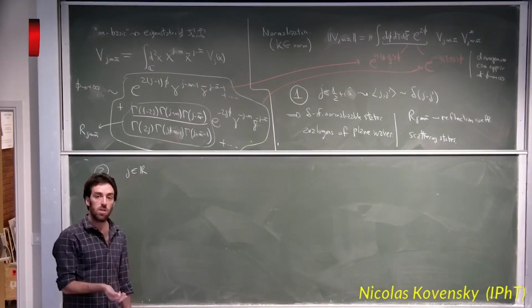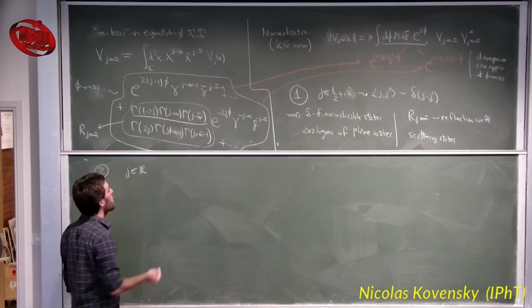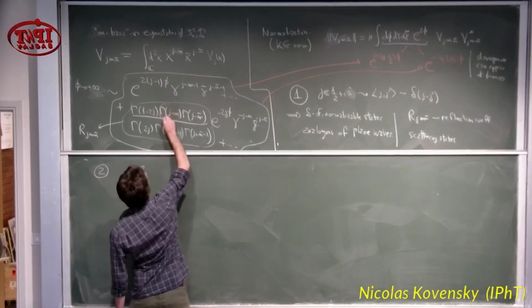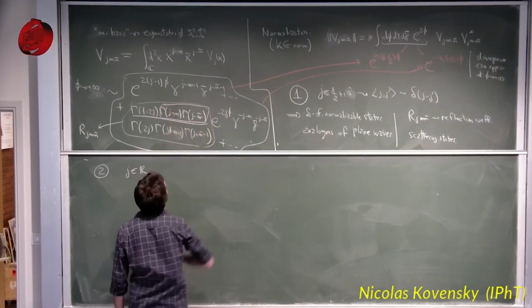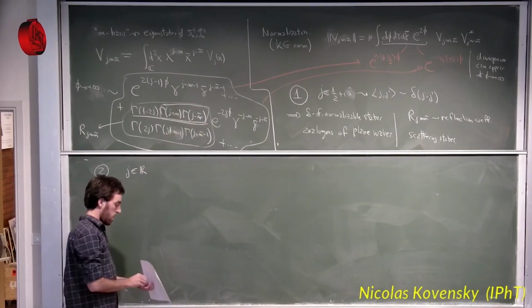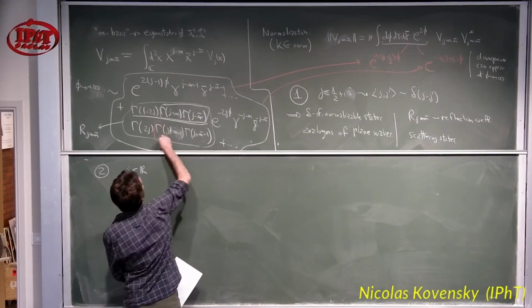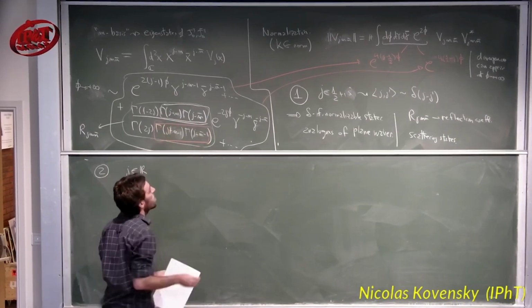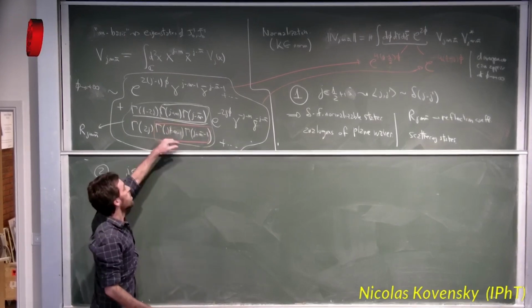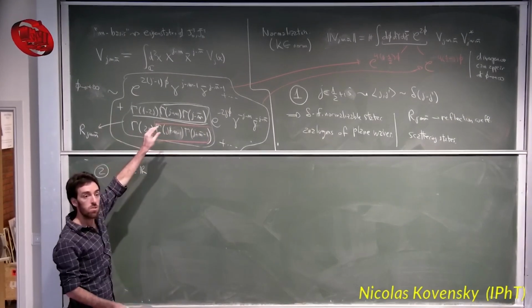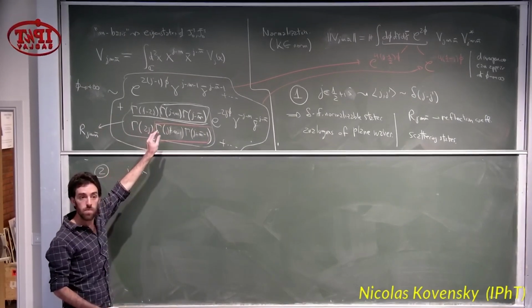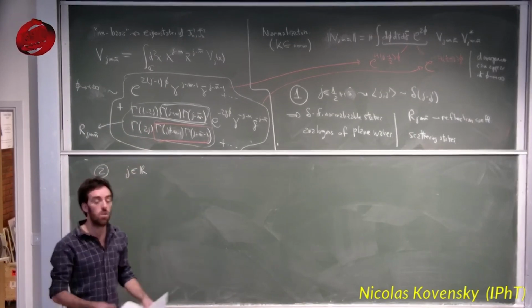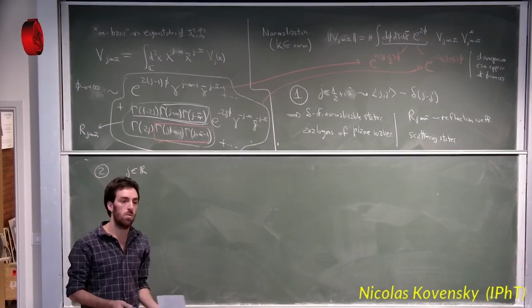If I sit at the poles of these gamma functions here, or at the zeros of these gamma functions here, then I can divide by this whole thing and just ignore the first term, right? So in those cases, I do get something that's actually normalizable.